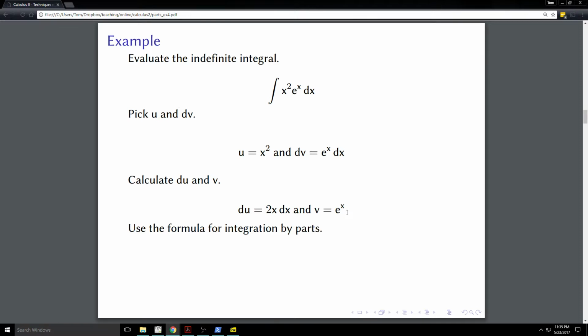And so there we follow the formula for integration by parts, right? Our u will be x squared, times v, we get x squared e to the x, subtract off the integral of v, which is e to the x, and then du, which is 2x dx. And I just kind of wrote this in the more standard way.